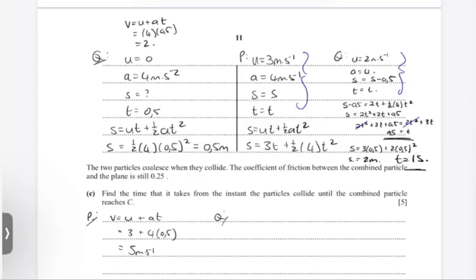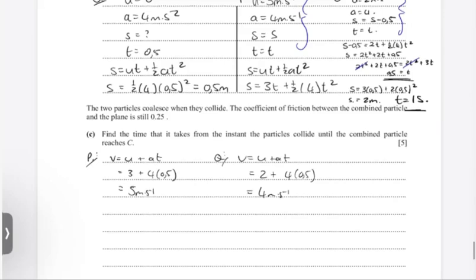Q, let's just also do V is equal to U plus AT. I'm not listing everything because I've listed it above. So I've got my U, 0.5, so 2 plus 4 times 0.5. That's 4 meters per second. Okay, so now they're colliding at 5 and 4. They're both going down, so they're both going in the same direction.